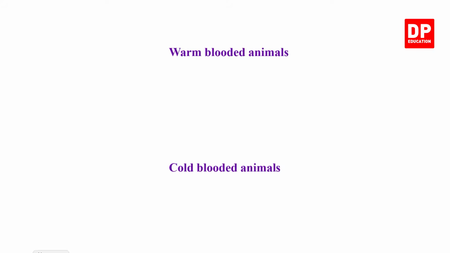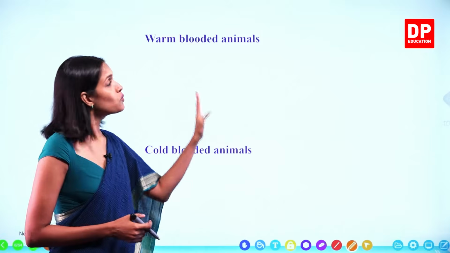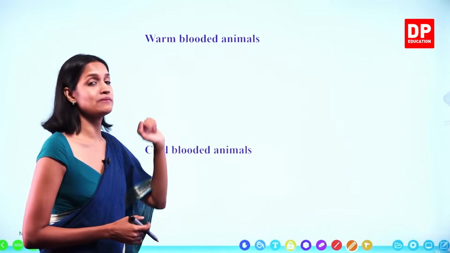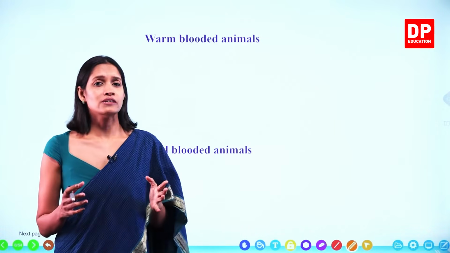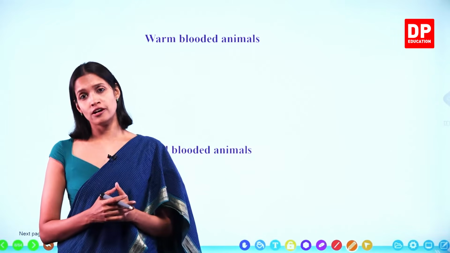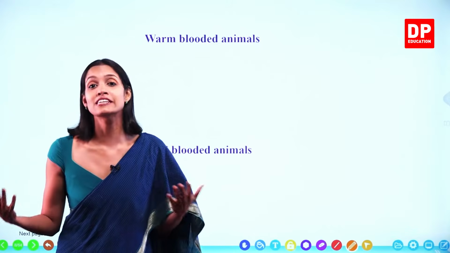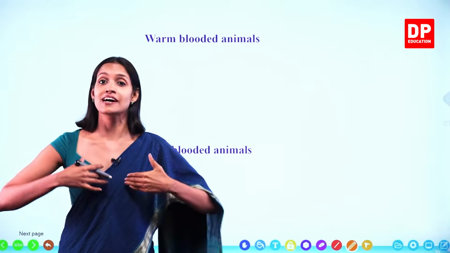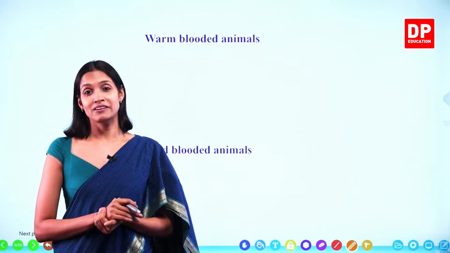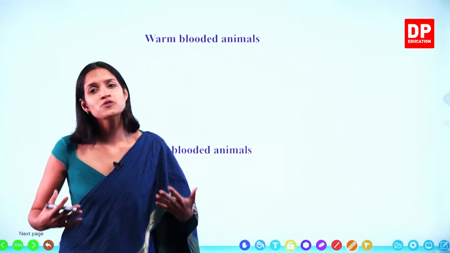Right. We have to learn about two terms, warm-blooded animals and cold-blooded animals. What is the meaning of warm-blooded animals, children? Even earlier I mentioned this. What will happen when the environmental temperature increases? We start sweating, right? So what actually happens when sweating?